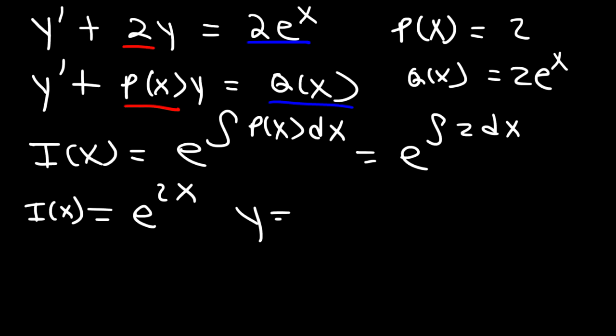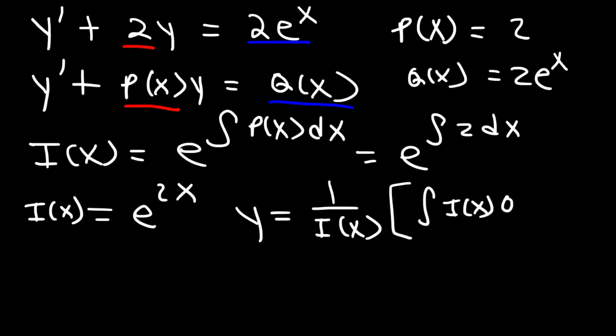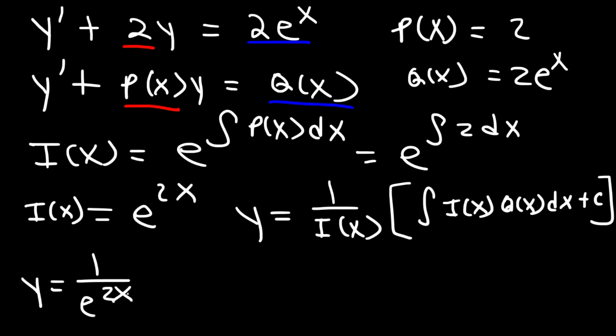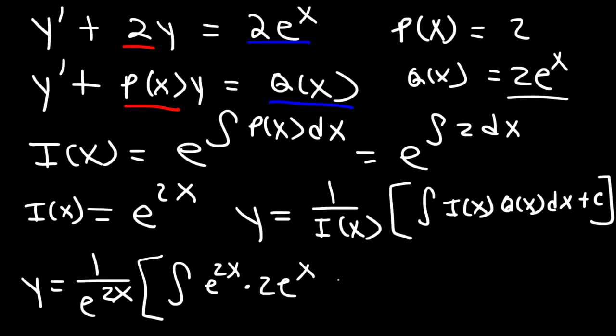So now we can write the general solution to the differential equation using this formula. So it's going to be 1 over e to the 2x times the integral of e to the 2x, and then q is 2e to the x dx, and then plus c.